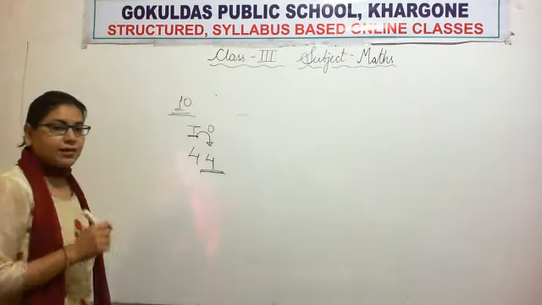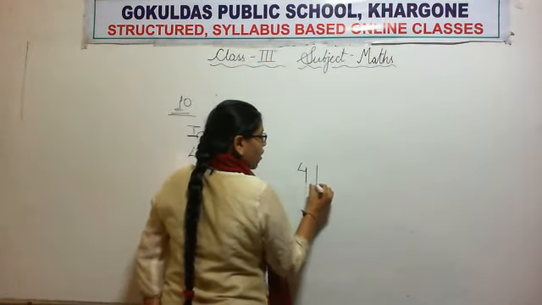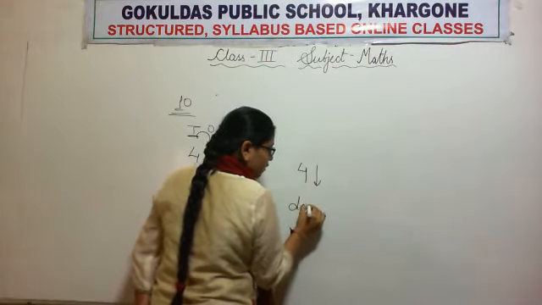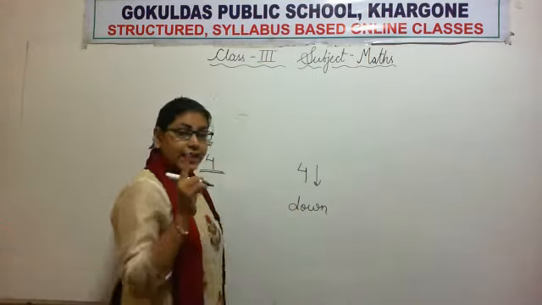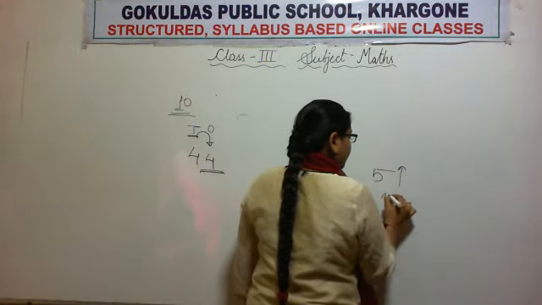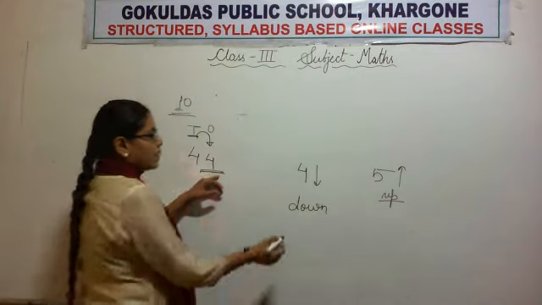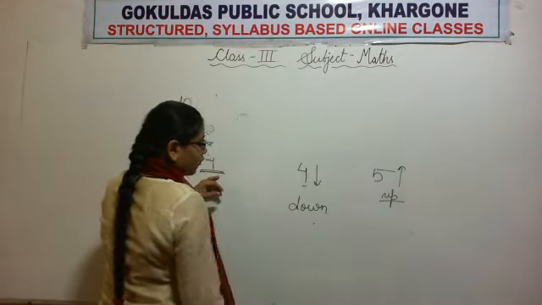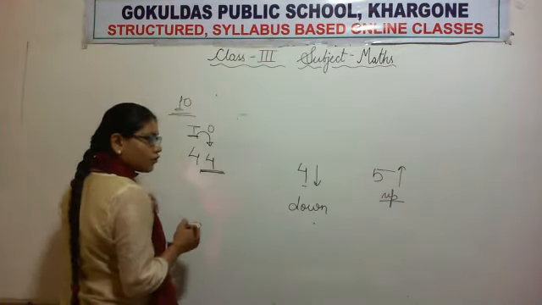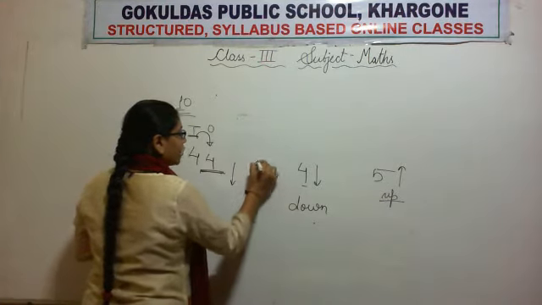We will check this number. If the number is 4 or lesser than 4, we will round down, and if the number is 5 or greater than 5, we will round up. So in 44, the number is 4, which is lesser than or equal to 4. It means we will round it down to 40.